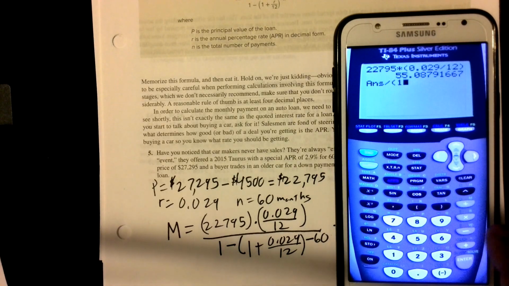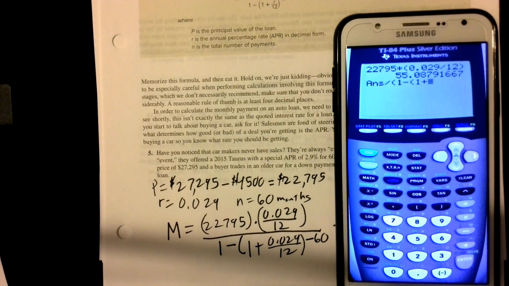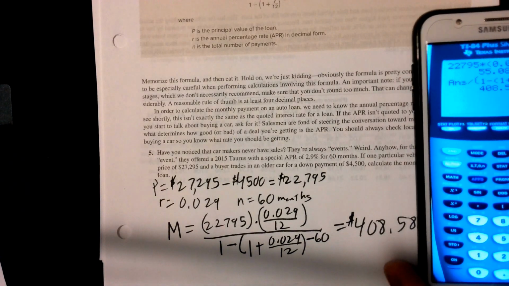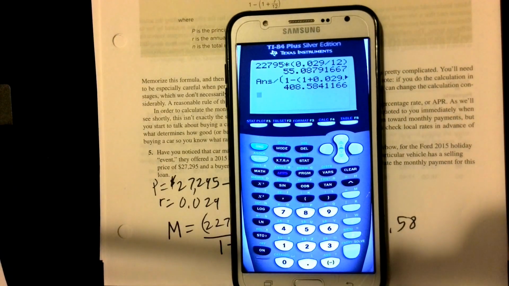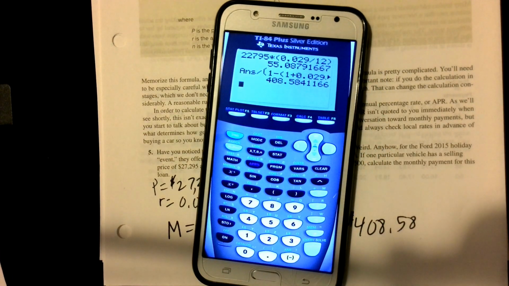So I will have 1 minus, and then parenthesis, 1 plus 0.029 divided by 12. Close that parenthesis. Then we would take it to the negative 60th power. You would hit the right arrow to bring it back down to the right size and close the final parenthesis and press enter. Now if you notice here, it's a longer decimal, but our money system only requires us to go to 2 decimal places. So that is how we get $408.58.